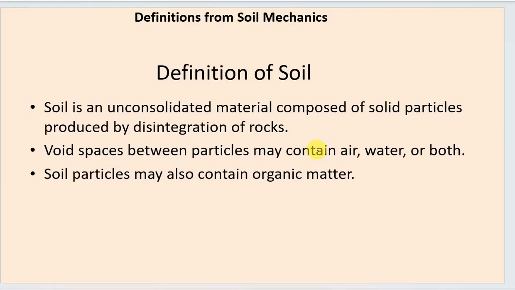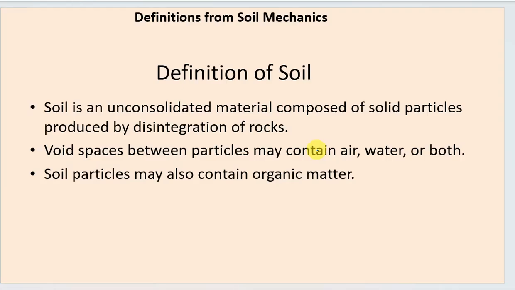So let's understand the different definitions from soil mechanics. So the definition of soil is an unconsolidated material made up of solid particles produced by the disintegration of rocks. Unlike rock, the soil particles are not tightly bonded together.